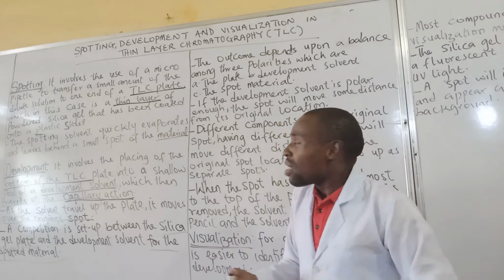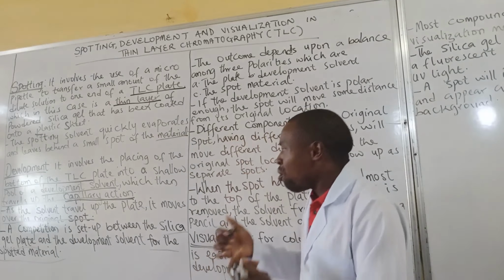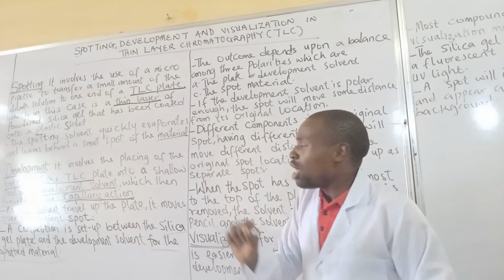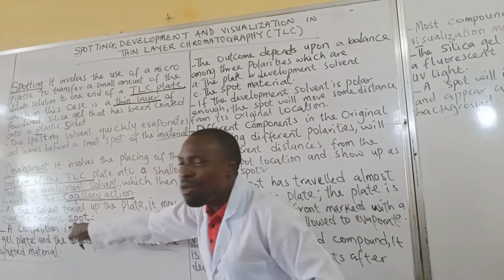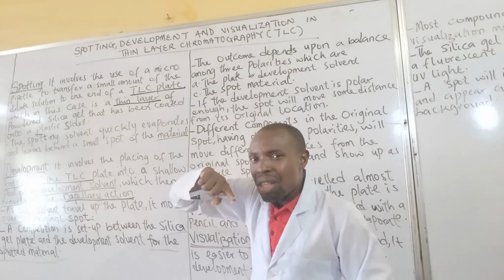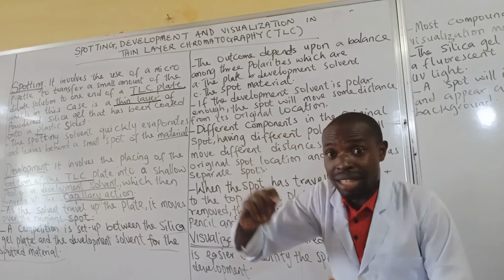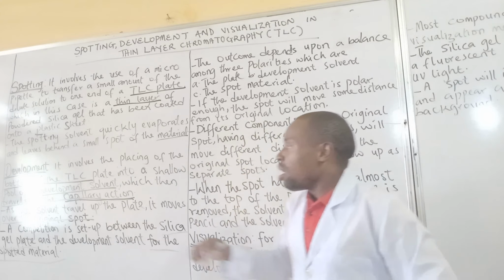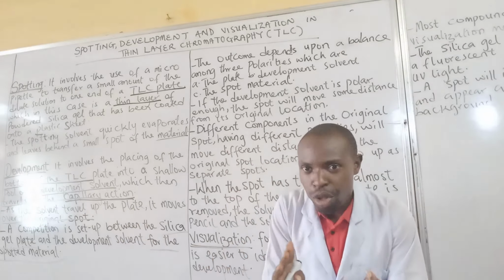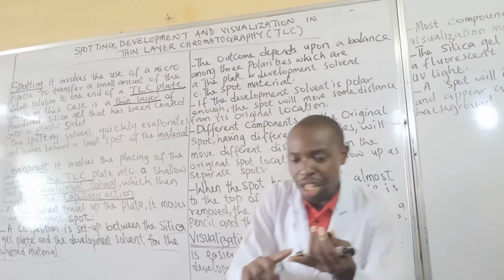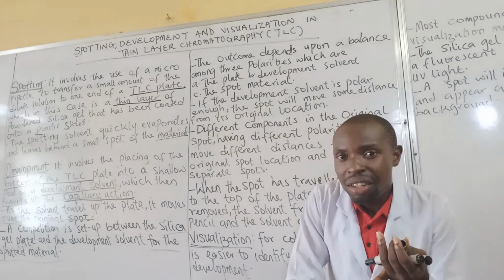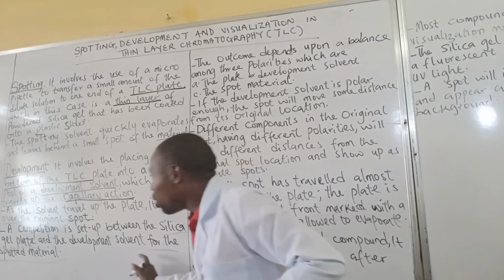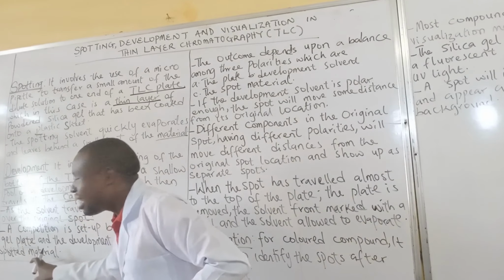Now, please take note that as the solvent travels up the plate, it moves over the original spot that I told you of from the initial. Now take note, a competition is now set up between the silica gel and the development solvent for the spotted material.